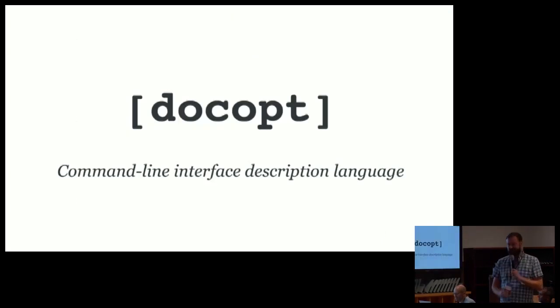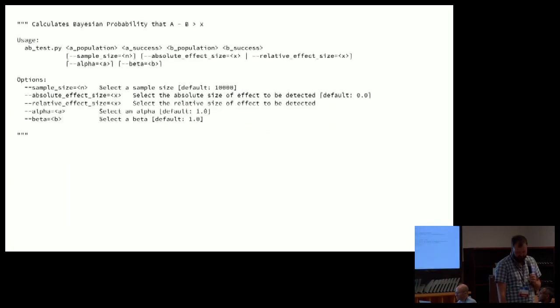There is a better way, and that better way is called DocOpt. DocOpt was introduced to me by a coworker, and it's awesome. It's a descriptive language for creating command line interfaces. It was written first for Python, but now actually exists for a whole bunch of other languages. And so, with DocOpt, we can essentially, in the docstring for our command line utility, define a command line interface.